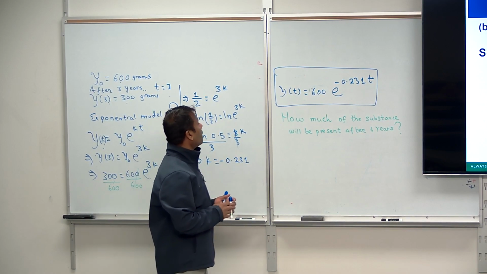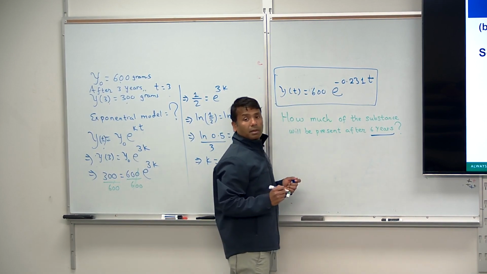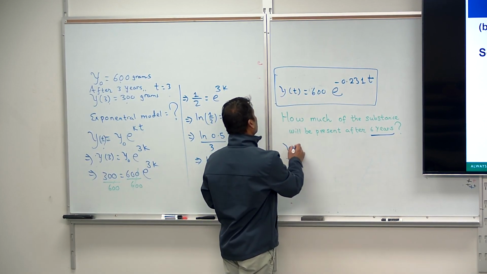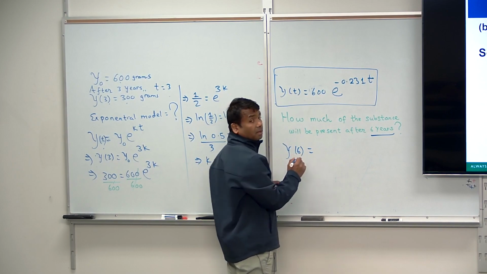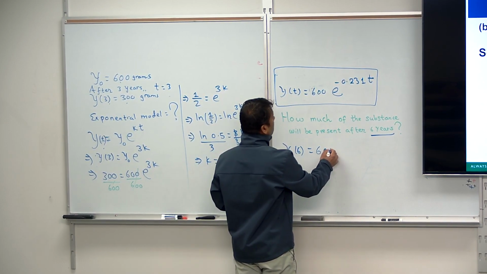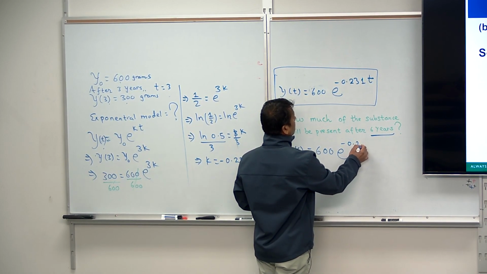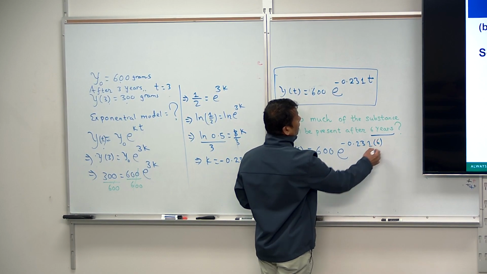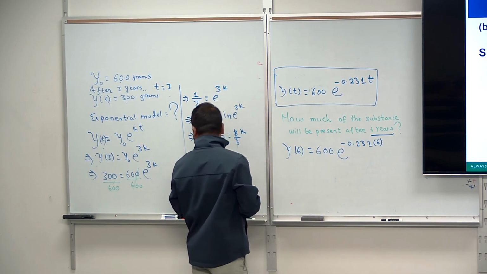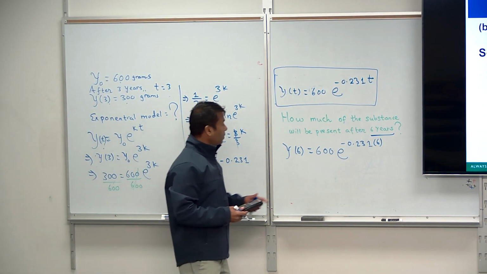So you plug in t equal to 6. So y6 is the amount present after 6 years, right? So 600 e to the power negative 0.231 times 6. So use calculator, okay, to find out this.